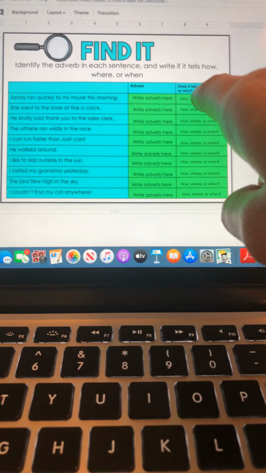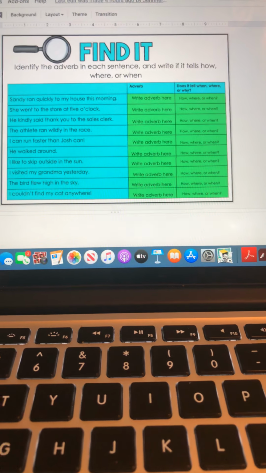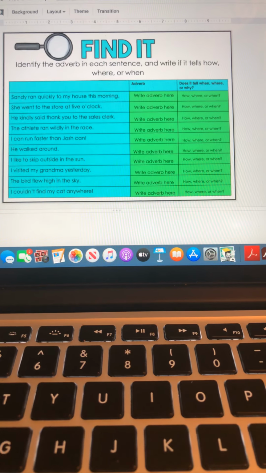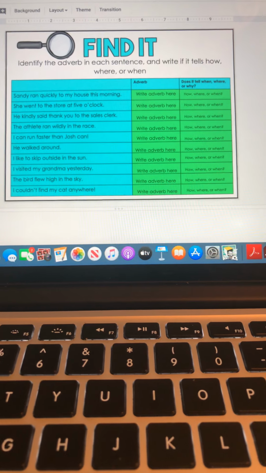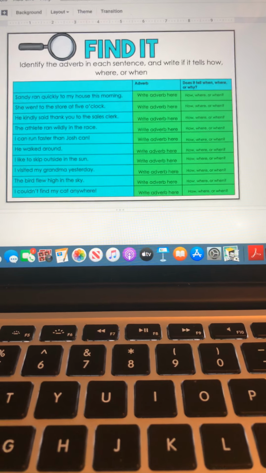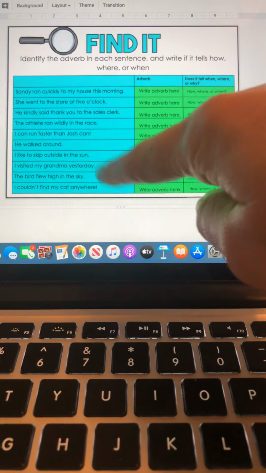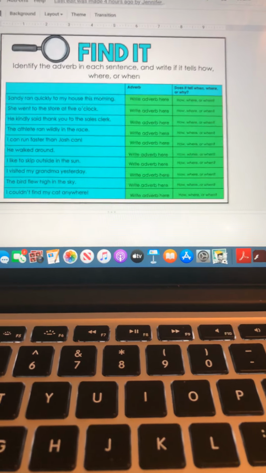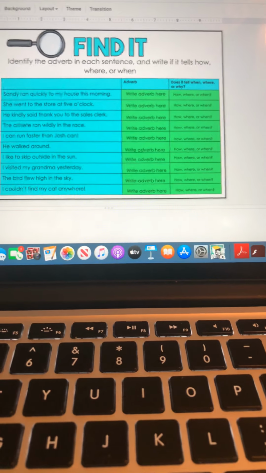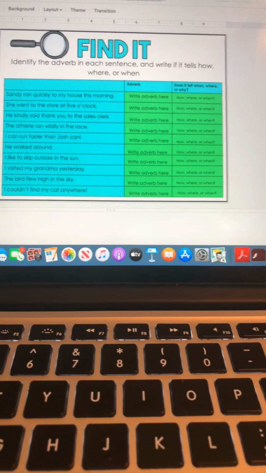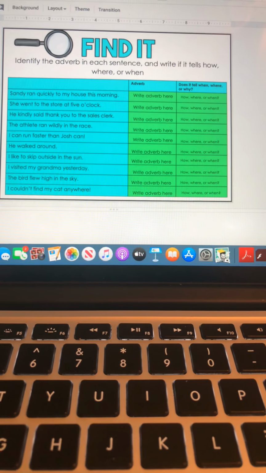And we figured out that it answered the question, how? How did Sandy run? Quickly. All right, I'm going to read each of these sentences to you, and as I read them out loud, make sure you are identifying the adverb and if it tells you how, where, or when.